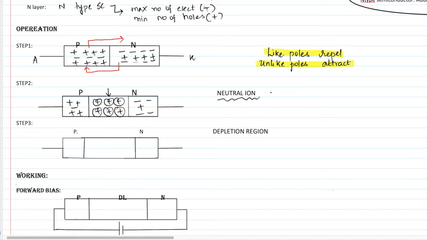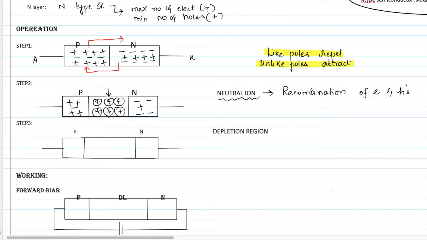So neutral ion is not a positive particle or a negative particle, it is just neutral. So this is the recombination of electrons and holes. Okay, so here at the junction a neutral ion or recombination of electrons and holes is taking place because opposite poles are getting attracted to each other.